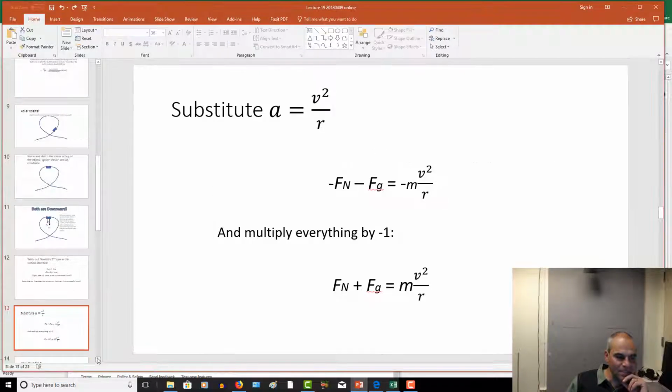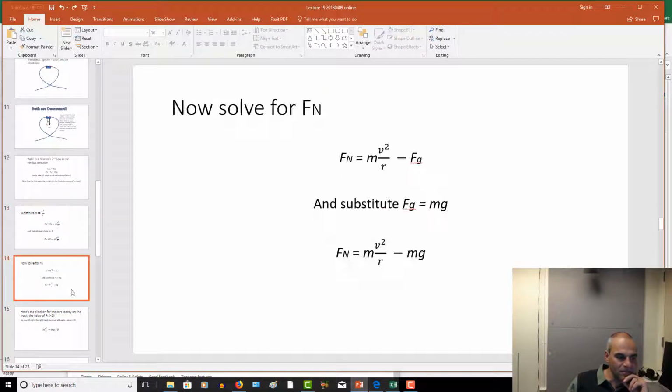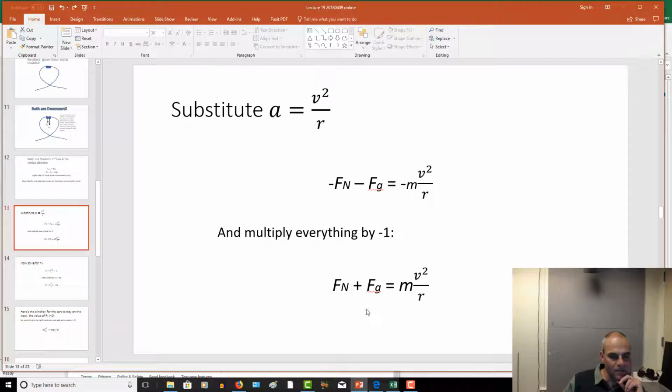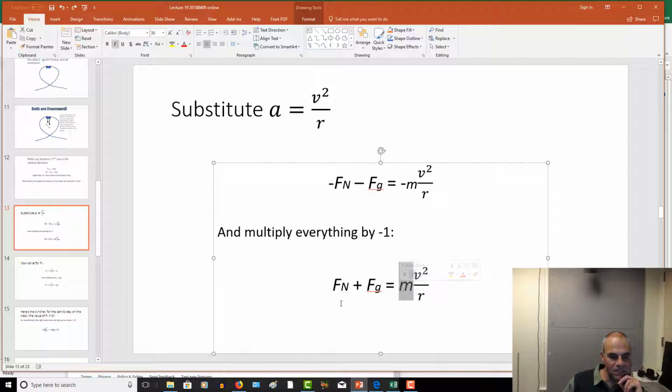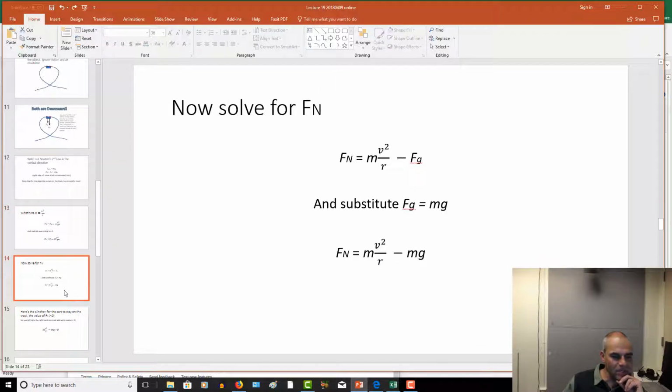I will solve this equation for the normal force in the next slide. The normal force has to be greater than 0. All I'm doing is subtracting Fg from both sides, leaving the equation that the normal force is equal to mv squared over r minus Fg. This has to be greater than 0.